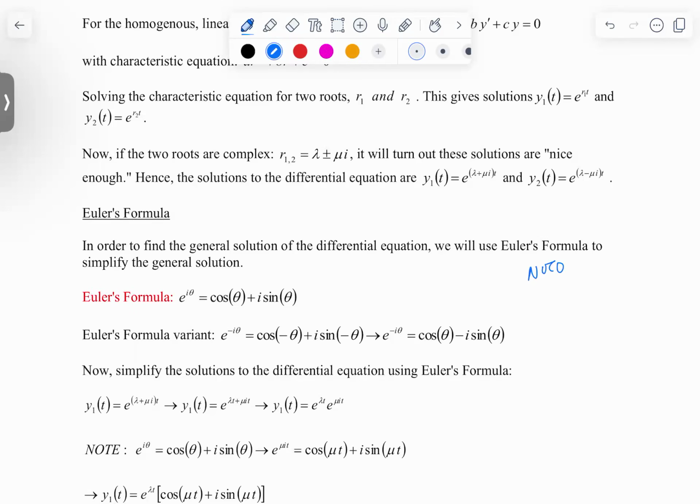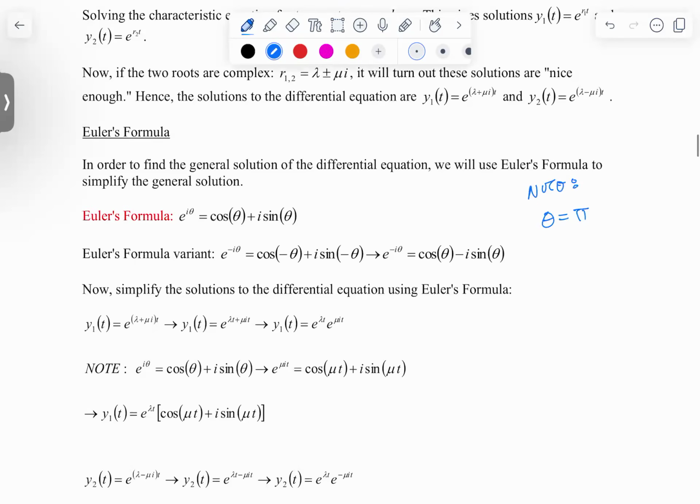And just as a sidetrack, when theta equals pi, let's do this one just because it's so fun. e to the i pi equals cosine of pi plus i sine of pi. So e to the i pi equals, what's cosine of pi? -1. What's sine of pi? 0. 0 times i is 0.